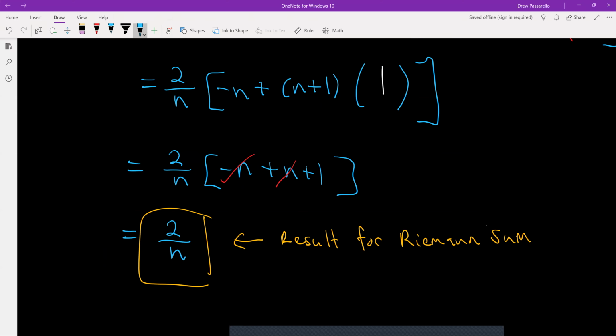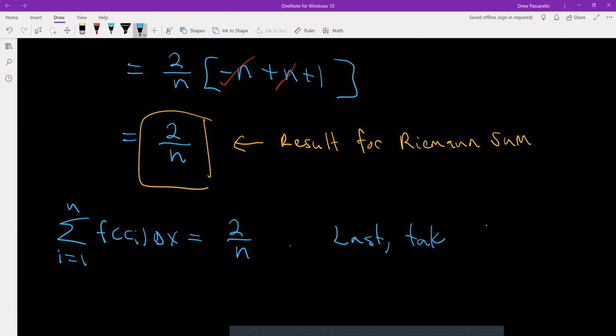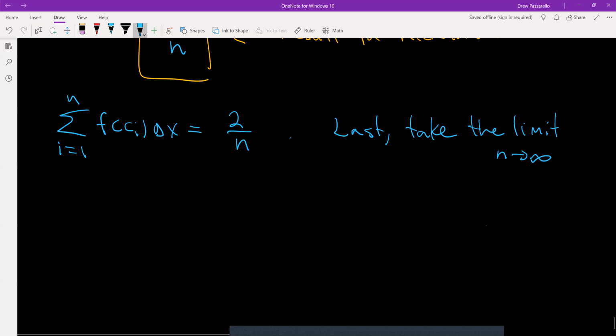So we're pretty much there. We just take the limit. So right now we have the Riemann sum that came out to be 2 over n. So last, we just take the limit as n goes to infinity. All right, so our definite integral is the integral from negative 1 to 1 of x cubed dx, and that was equivalent to taking the limit of that Riemann sum.